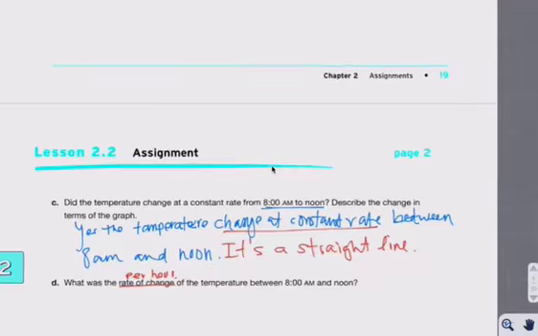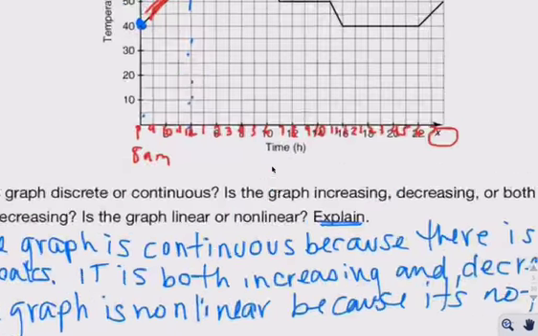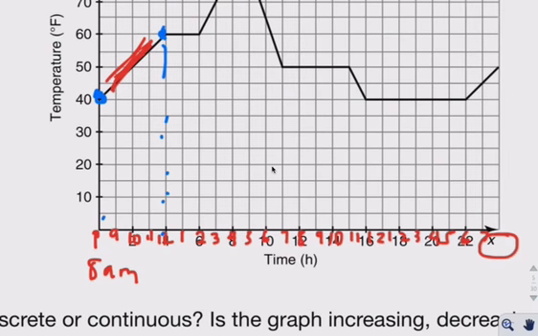Okay, so if we look at the graph between 8 and noon, it's a change of 20. 8 and noon together is 4 hours.